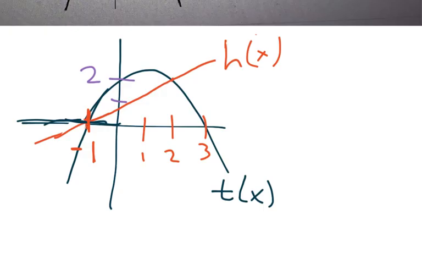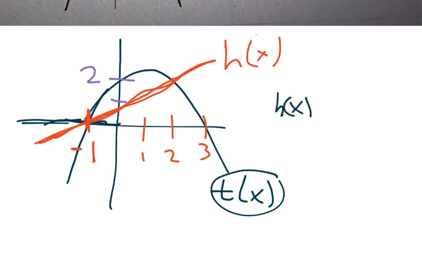Now I made up an h of x. H of x is this red line right here. And I have a function t of x, the black curve. Well, if I am asked when is h of x greater than t of x, you literally look to see where h of x is higher than t.